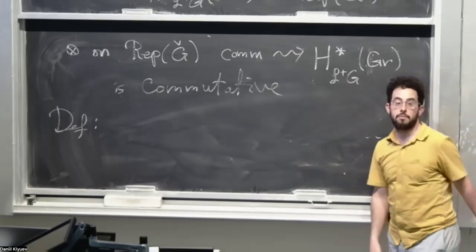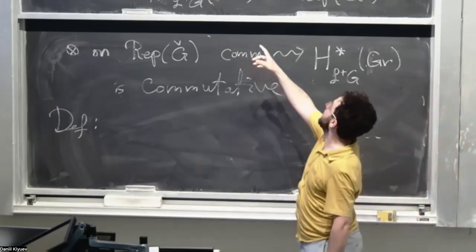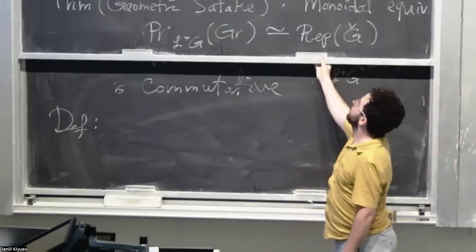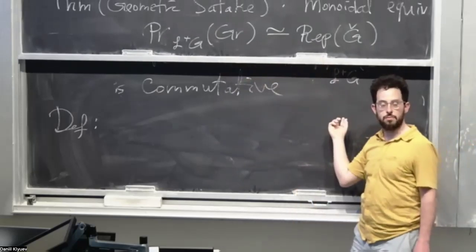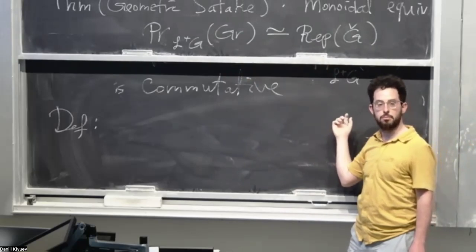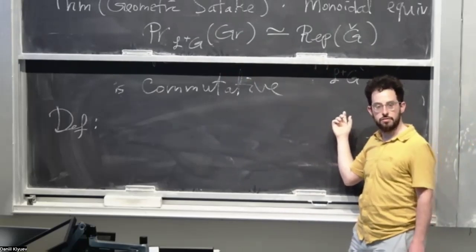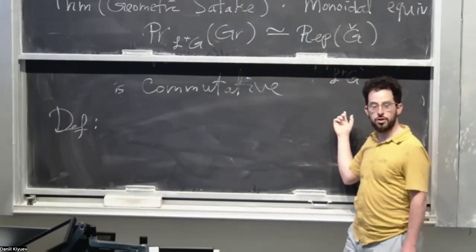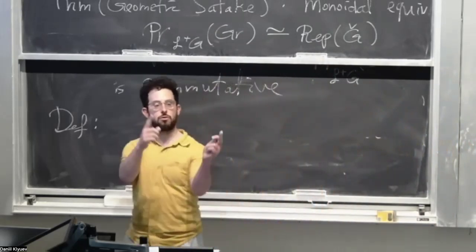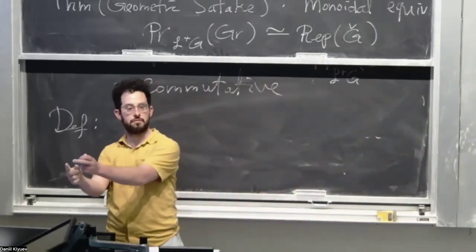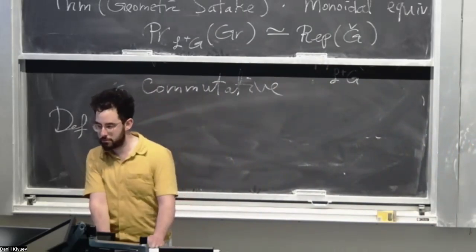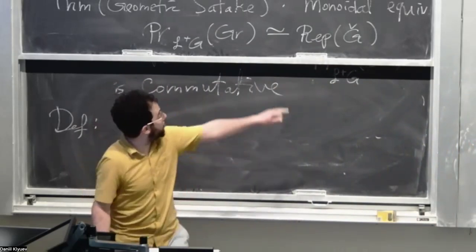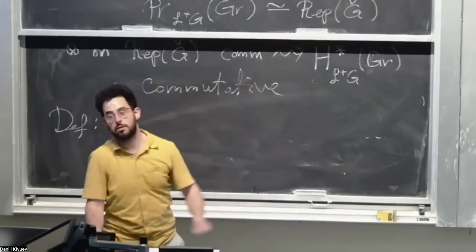I'm not sure this is straightforward, but if you have a category, cohomology is defined as maps from the structure sheaf, and the monoidal structure comes from the commutative algebra structure on the structure sheaf. So cohomology is Hom from the structure sheaf to itself.